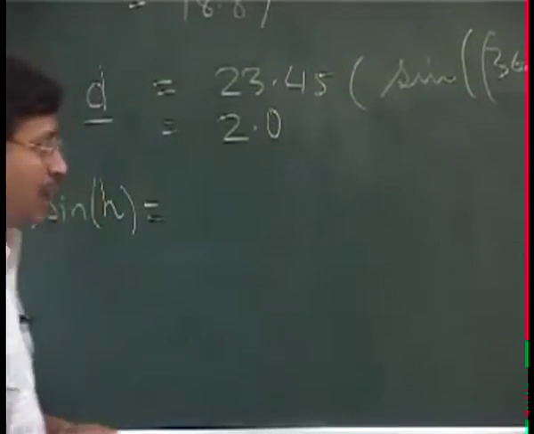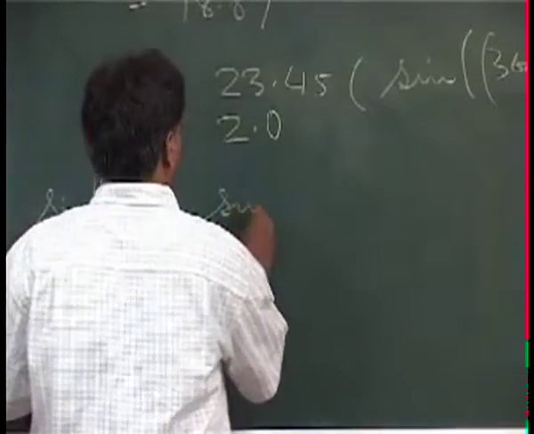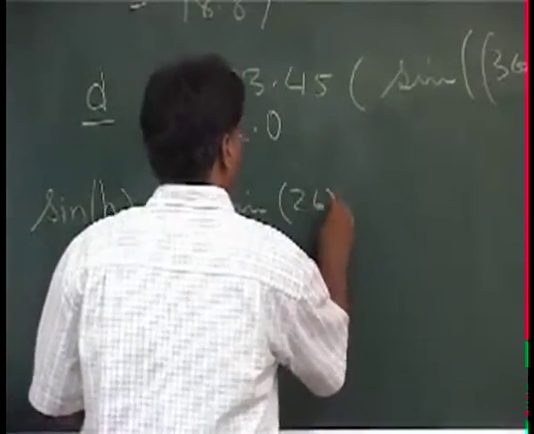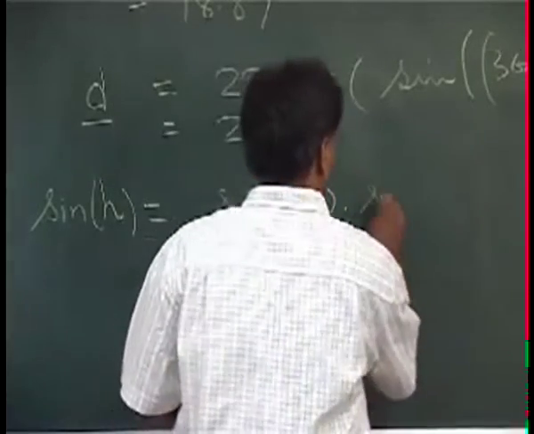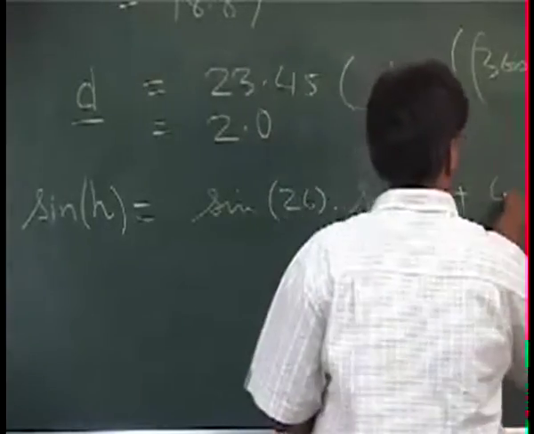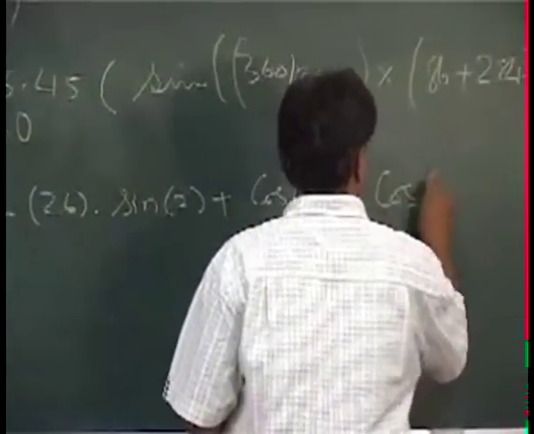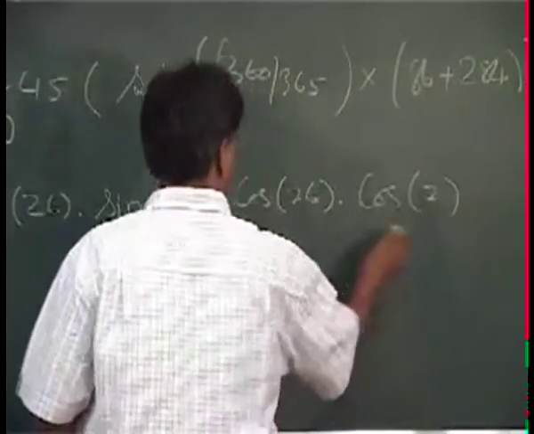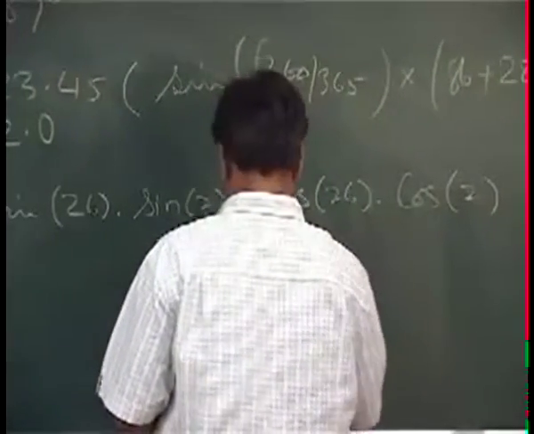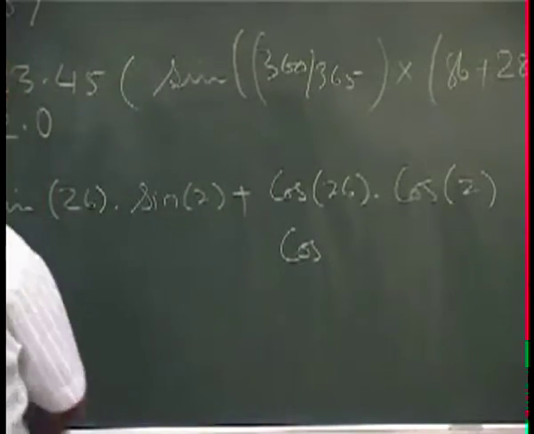I'll put the numbers straight in: sine h equals sine 26 times sine 2, plus cos 26 times cos 2 times cos t.